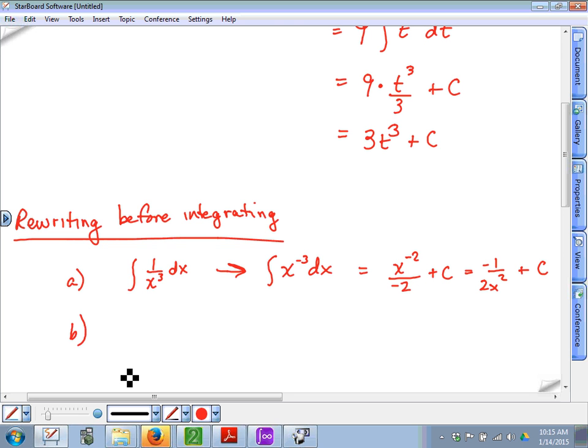Another very, very common rewrite, and this is exactly what you had to do with derivatives, so this should be no big deal. If you're supposed to find the integral of the square root of x dx, just rewrite that as x to the 1/2 dx. So what is that?